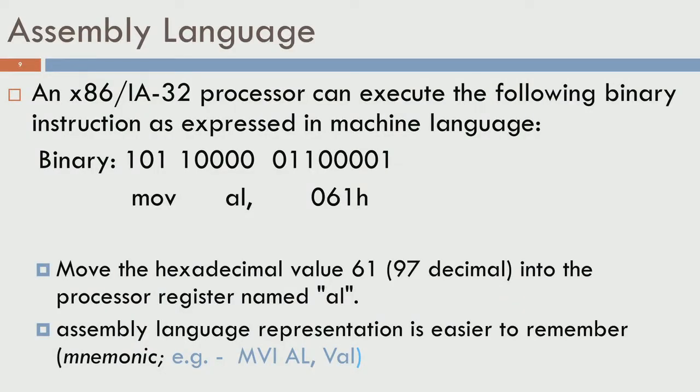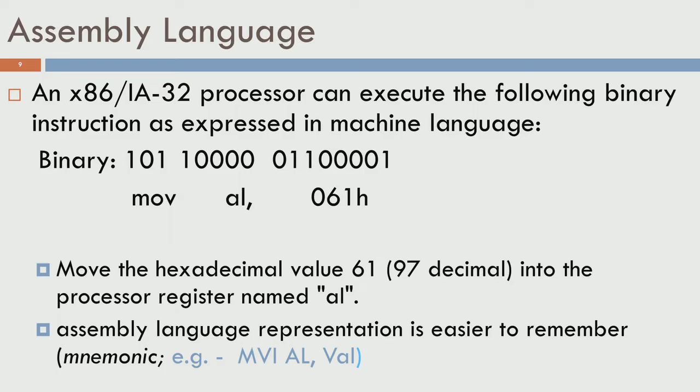Somewhere down the line you may learn a language called assembly language, and we are seeing a small example here. An x86 Intel 32 processor can execute the following binary instruction. So, you have 101, 1, 4 zeros, 0, 1, 1, 4 zeros and a 1.